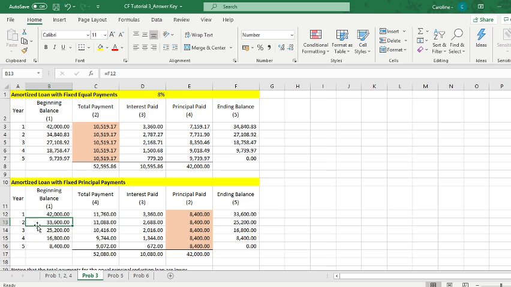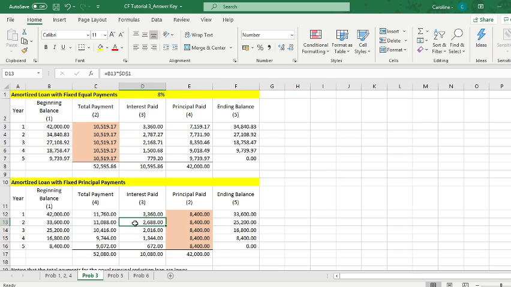As for the principal paid, it is still the same because the principal paid is the same for each year, and the interest paid is just like the previous ones, 8% multiplied by the beginning balance, and you find the interest paid is this much.